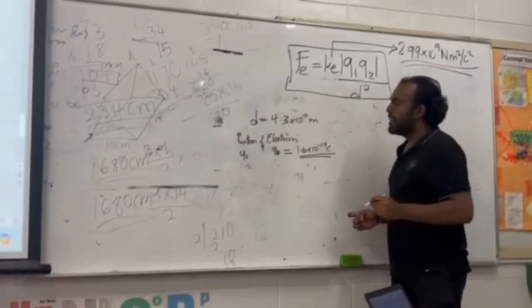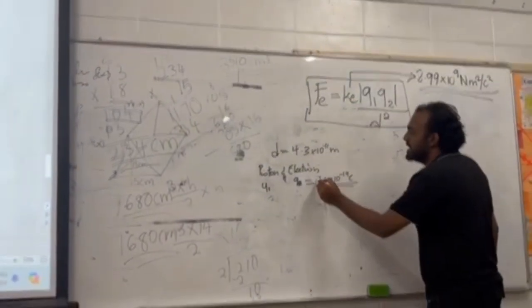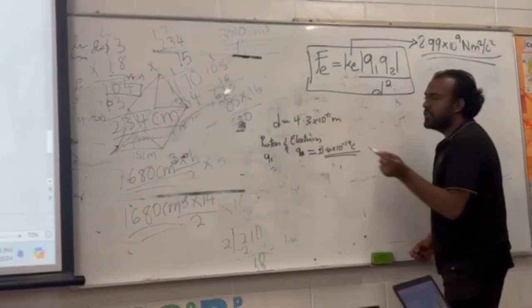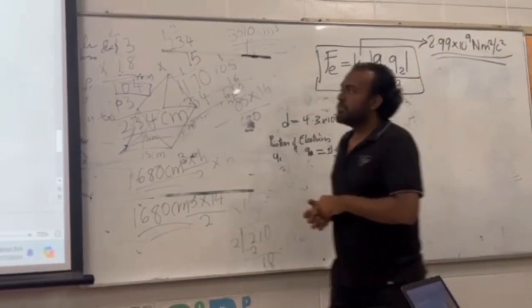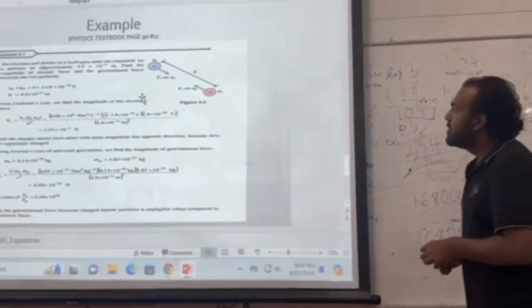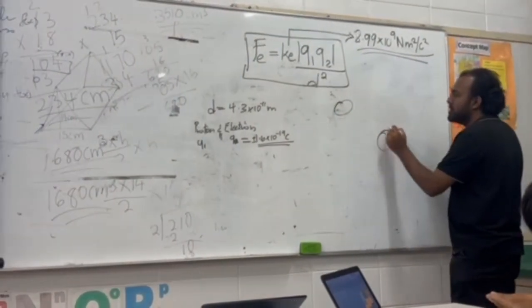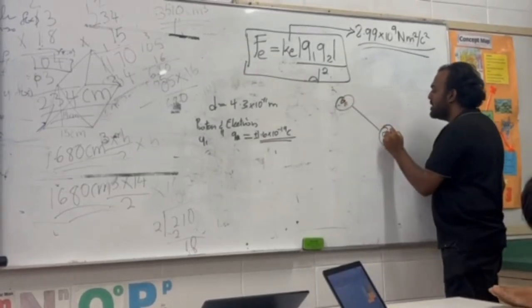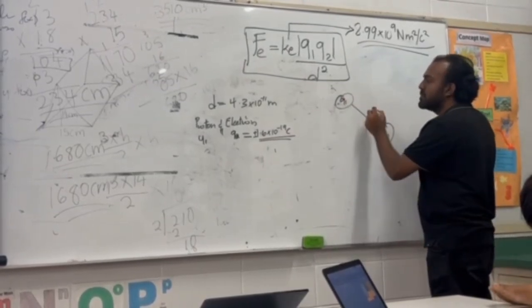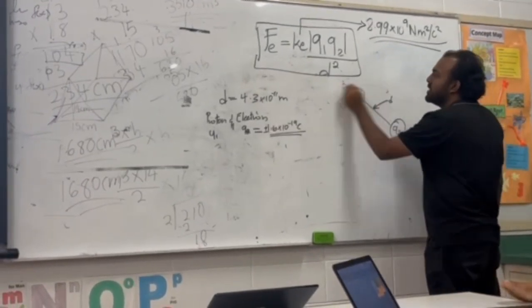Good. Plus and minus, yes, because the proton and electron are different, so one is positive and one is negative. Graphically there are two charges here, charge 1 and charge 2, and the distance between them is d.